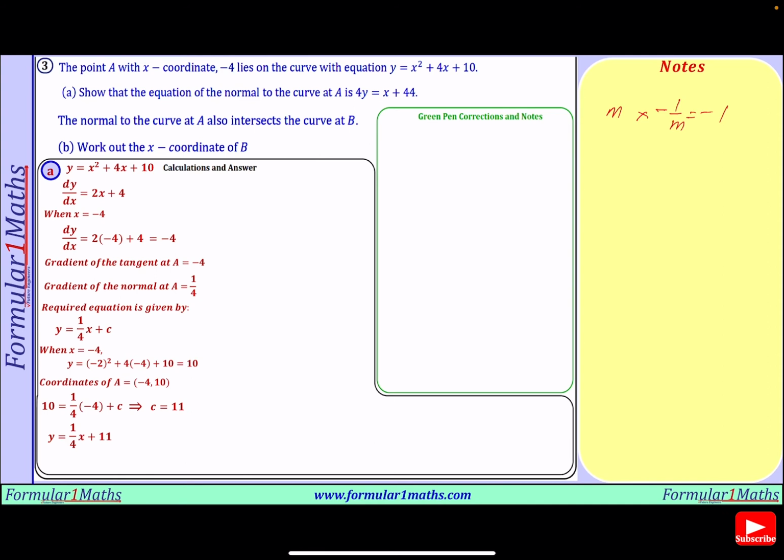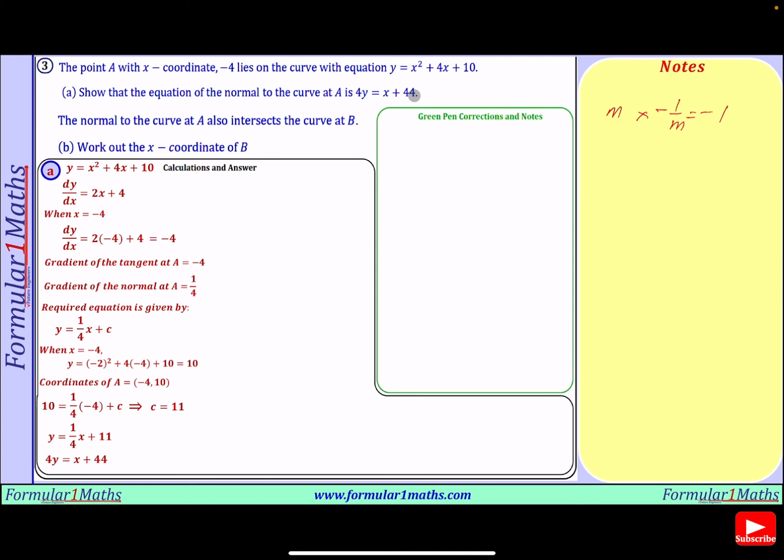But we need to write it in this form. So we multiply every term by 4. And when we do that, we are going to get 4y is equal to x plus 44, which is the required equation over here.